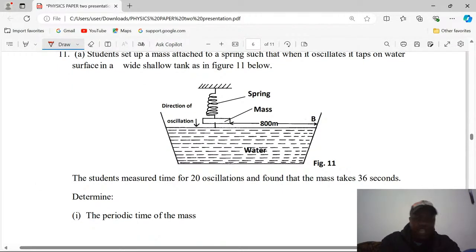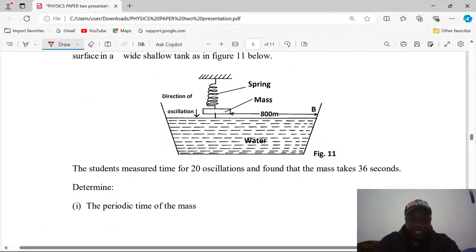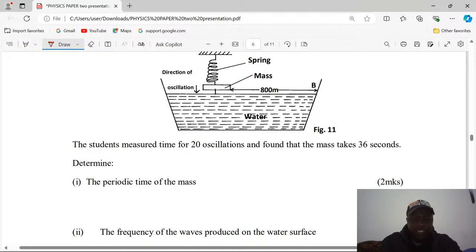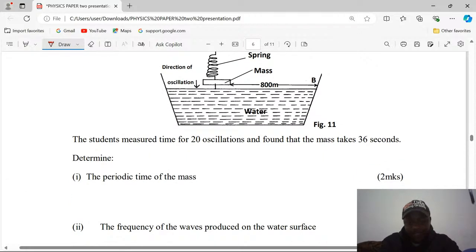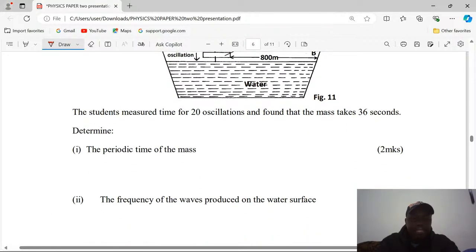So we have a figure showing a spring such that when it swings, the mass is able to splash the water. The students measured the time for 20 oscillations and found that the mass takes 36 seconds. Determine the periodic time.